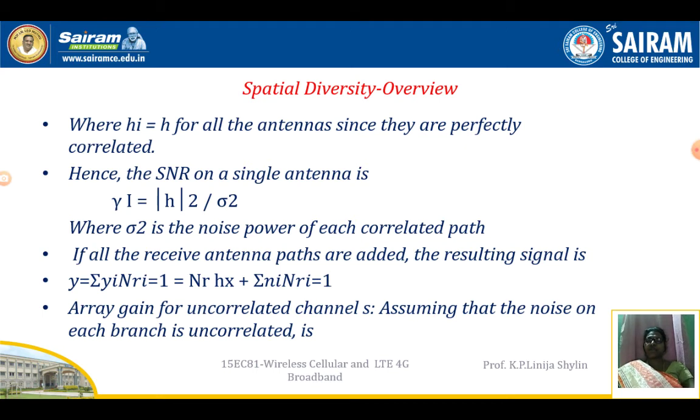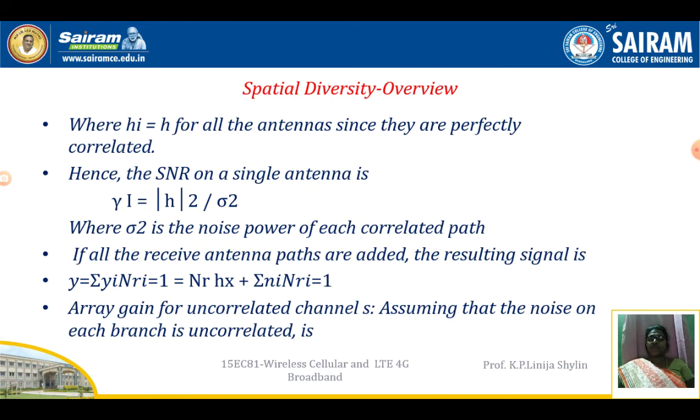That is y is equal to summation yi, i equal to 1 to nr, and we all know that it is nr into h x. We are going to consider the receive antenna paths, so number of receive antennas nr into the transmitted signal x plus summation ni, i equal to 1 to nr. Now, this is for correlated antennas.